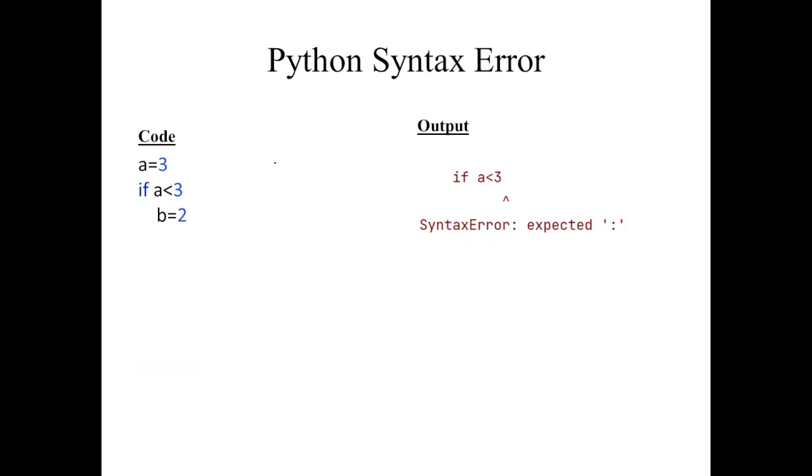Let's suppose we have stored 3 in a variable a, and we have written: if a is less than 3 then b is equal to 2. Although the logic is good, there is a mistake: there should be a colon at the end of the if statement. The colon is missing, so there will be an error, and this error is called a syntax error.